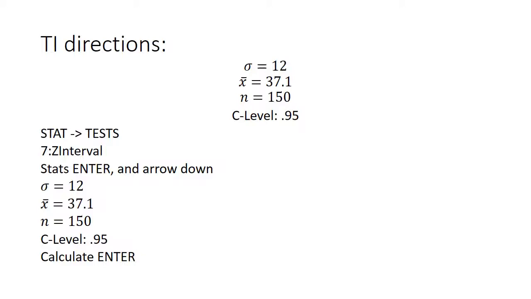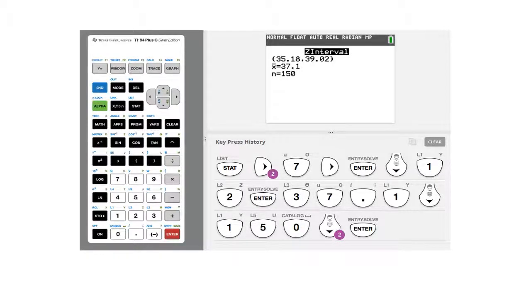Ignore that data option because we did not put data into lists where our calculator calculates it. So arrow over to stats, hit enter, arrow down, enter what's given: sigma is 12, X bar is 37.1, n is 150, C level is 0.95. Enter, arrow down to calculate, enter, and this is what you should get on your calculator.